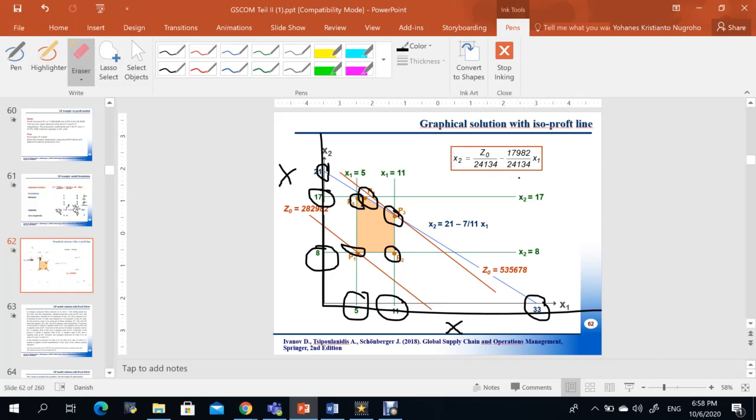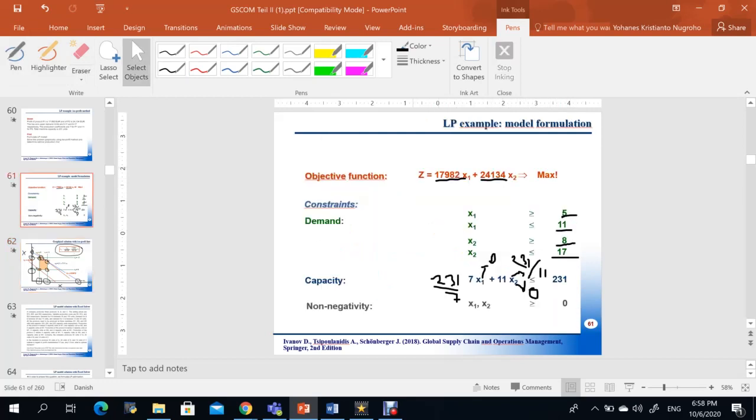Okay, I just want to tell that this is a line equation. It comes from this equation.